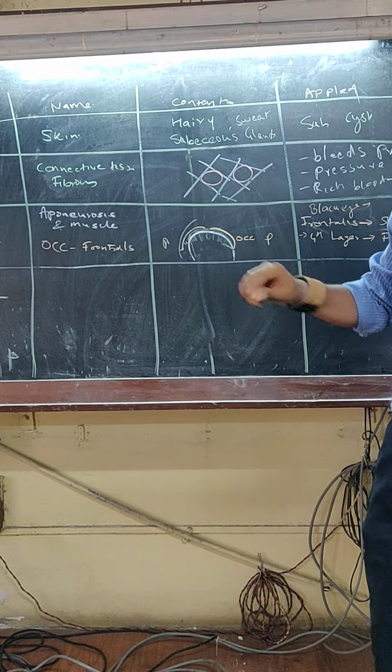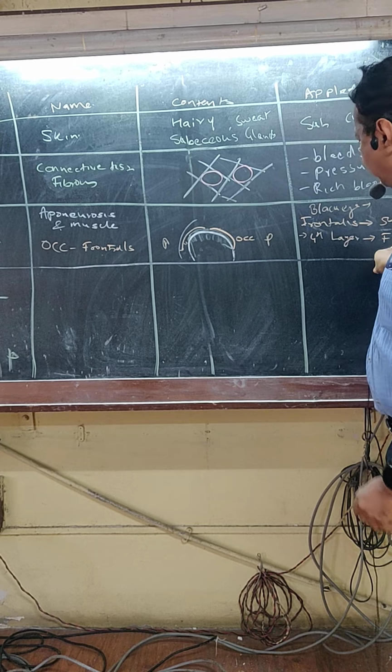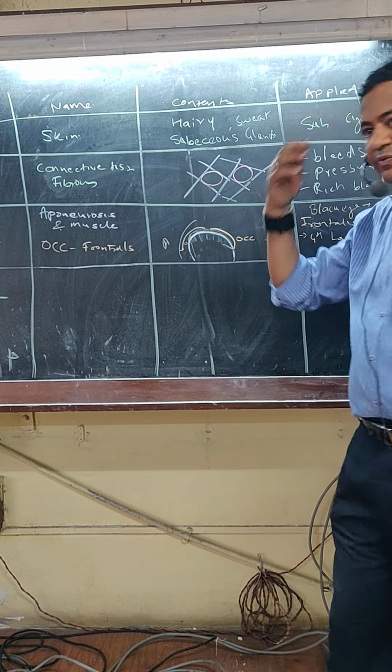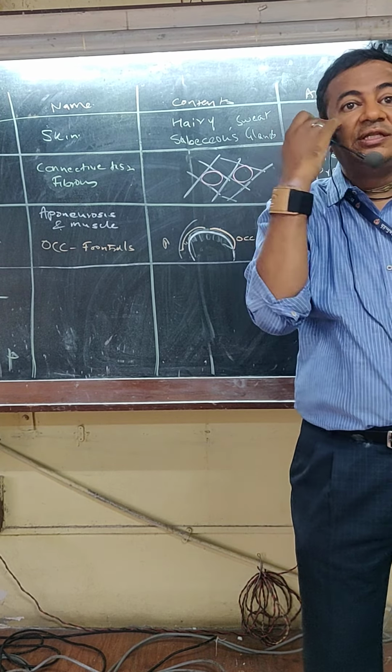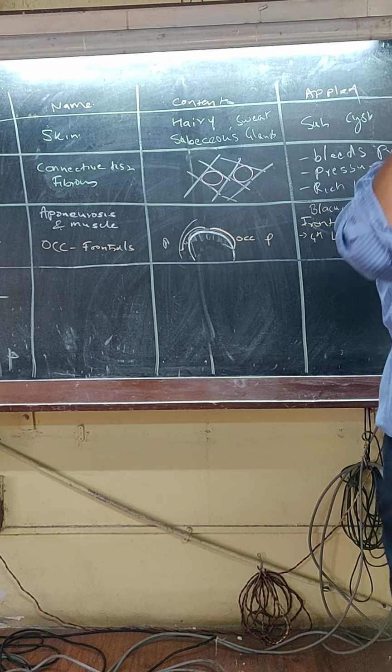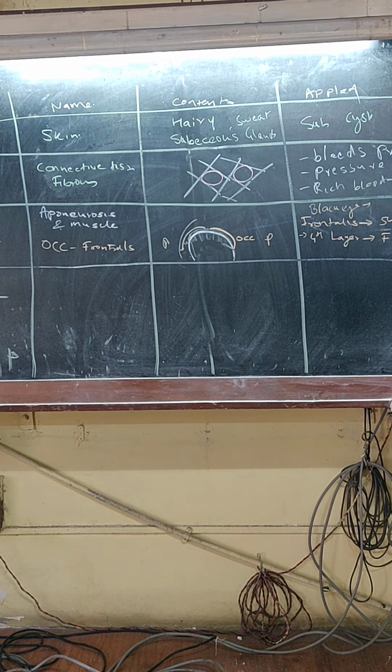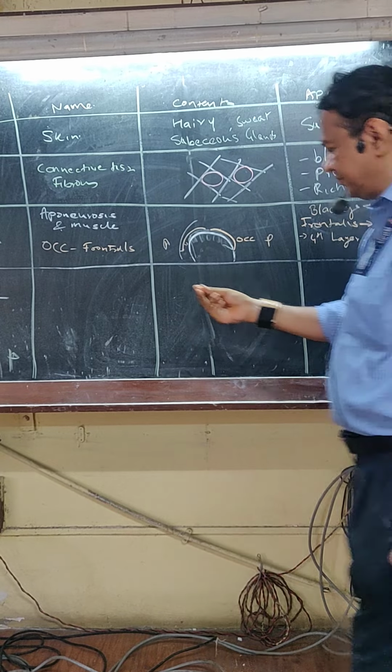मार लगा यहाँ पे तो ब्लड सीधा आएगा. What is a black eye? The fourth layer is continuous with the loose areolar tissue of the face.